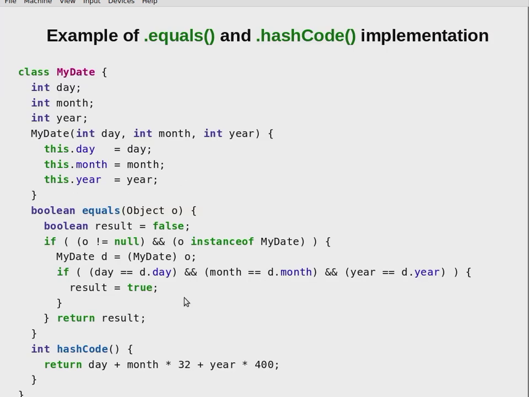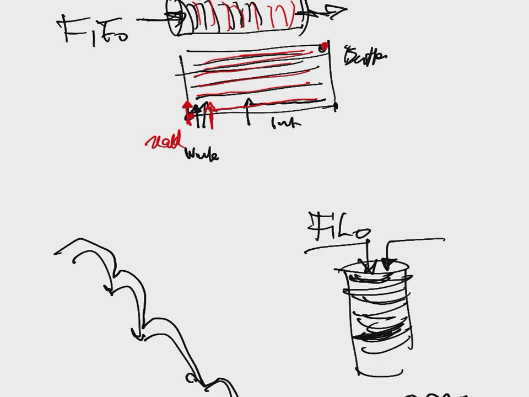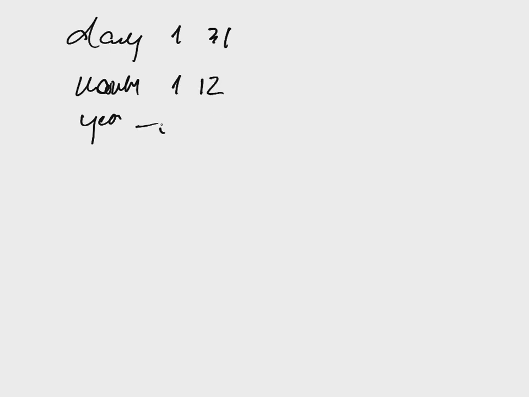Now about hash code. You may implement your own hash code. For example, if you have different kinds of numeric values with different ranges, and this is the case, for example, for dates. And you know that if you have day, month and year, days have ranges from 1 to 31, months from 1 to 12, and year from something to something.